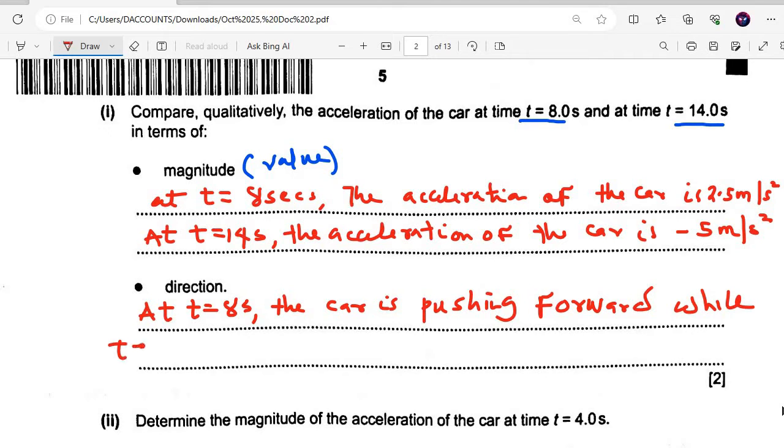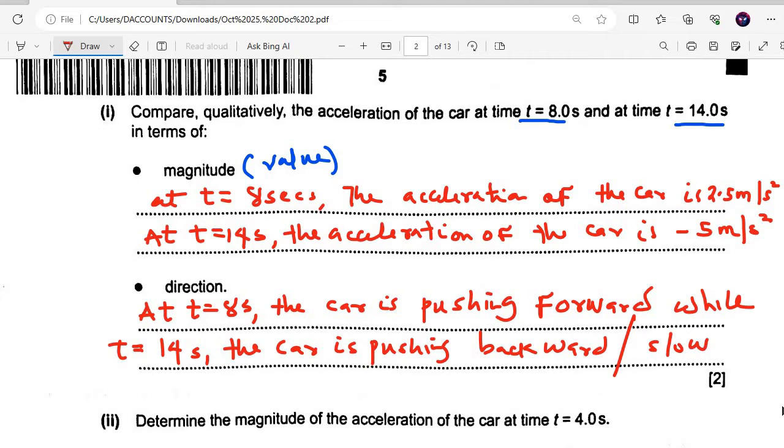At t equal to 14 seconds, you can say the car is opposite of that, is pushing backward, or the car slows down. That is it.